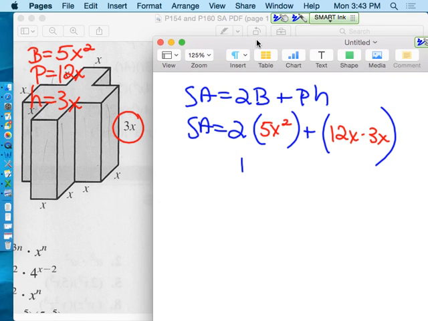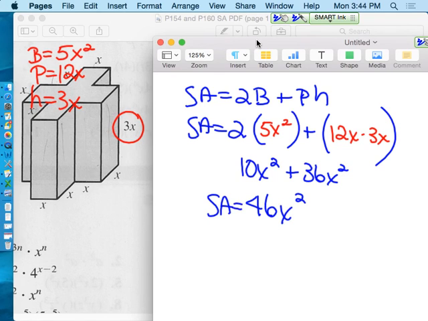Cleaning this up, I have 10x squared plus 36x squared. Notice I have like terms, both with the variable raised to the power of 2. So the surface area of my solid is 46x squared. That's my final answer. That's my surface area for the solid box.